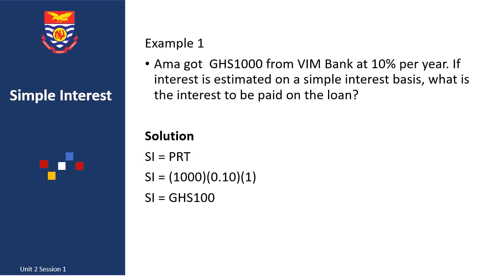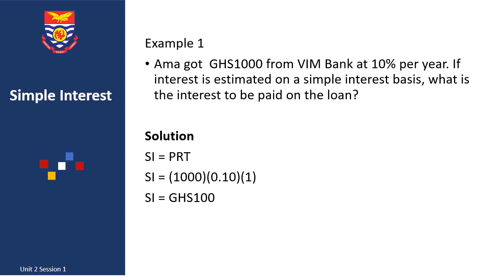So SI equals P times R times T. Here our principal is 1,000 and our rate is 10%, which is also written as 0.10, and the time given here is 1 because the question indicated per year, so it's just 1 year.